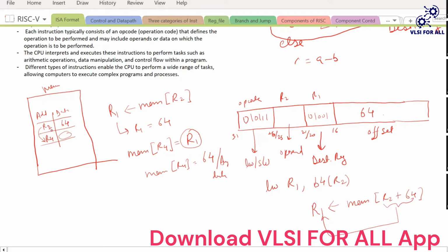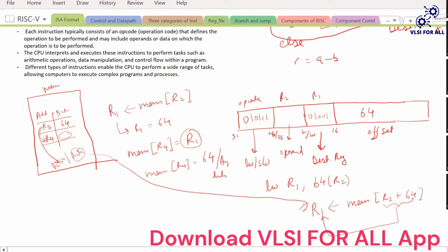Okay, this is R2. In R2 we are accessing this R2 register, and we are adding 64. So it will take the data from here where the address is R2 plus 64, and the corresponding data of R2 plus 64, it will give to the R1.